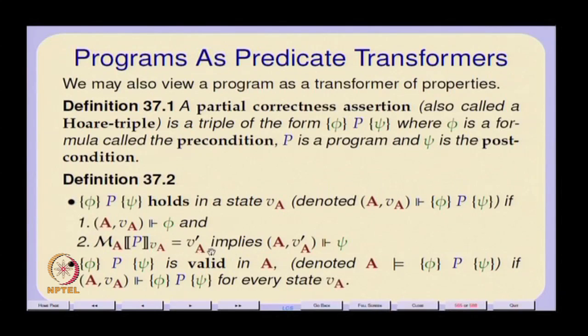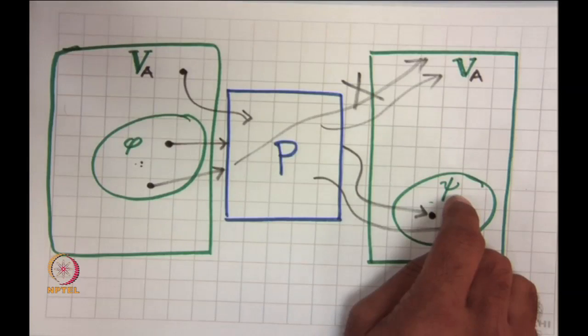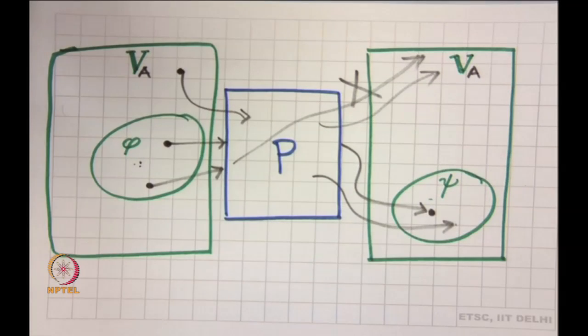Notice that this is an implication, in the sense that it does not say that this thing would necessarily have to go to a final state. The program may not terminate. So, here essentially what you are saying is, if the program execution does terminate and it gives me a new state V A prime, then that V A prime must satisfy psi, right. That is what this is about.